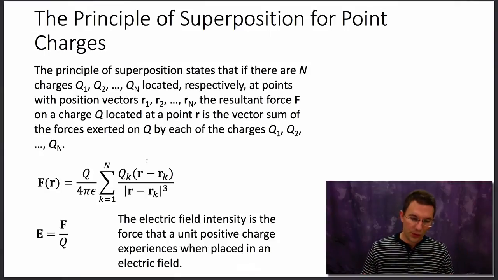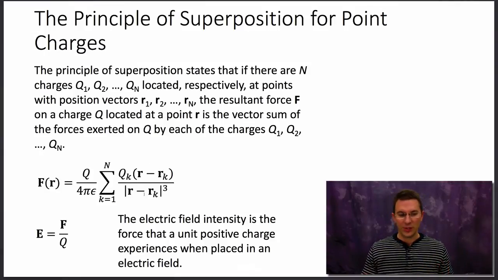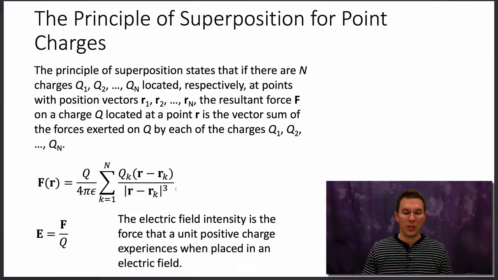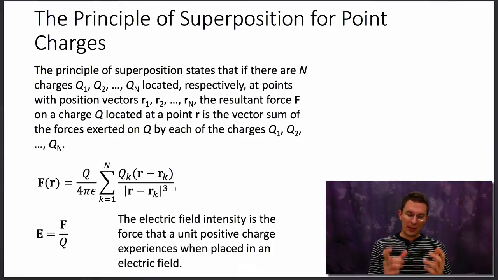And the magnitude, again, it's a little hard to see here because I'm not using unit vector notation, but the magnitude of that vector falls off as the square of the distance between them. So it is proportional to 1 over r squared, just like we saw in the previous slide.